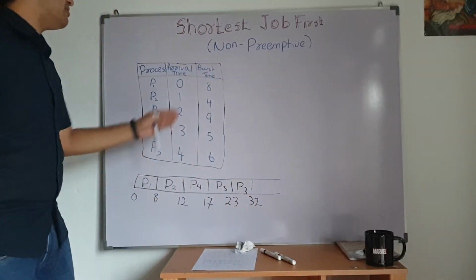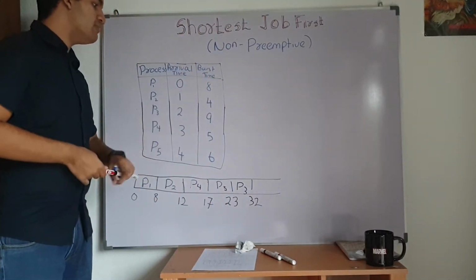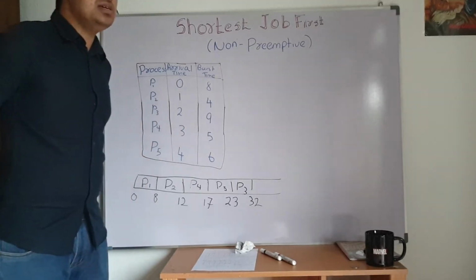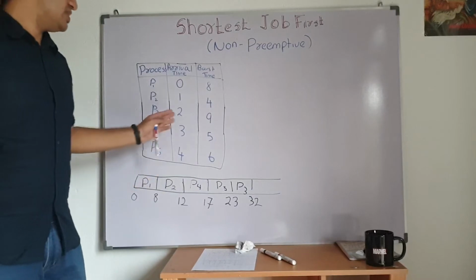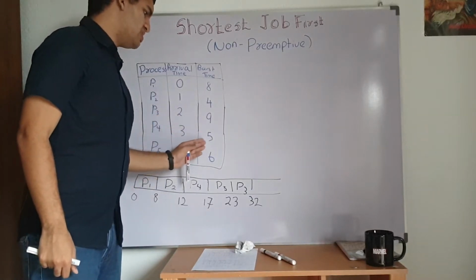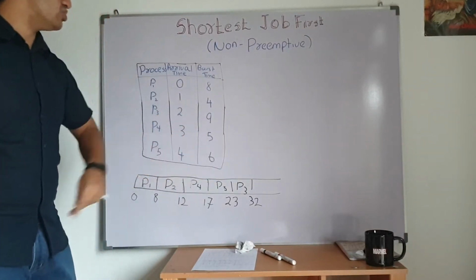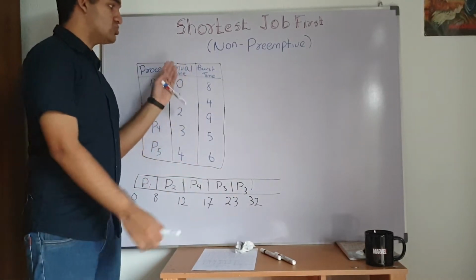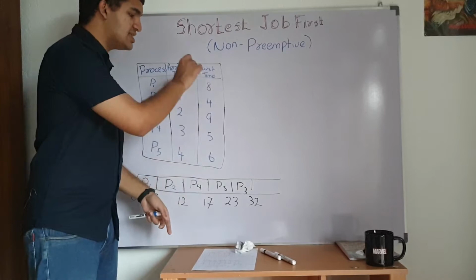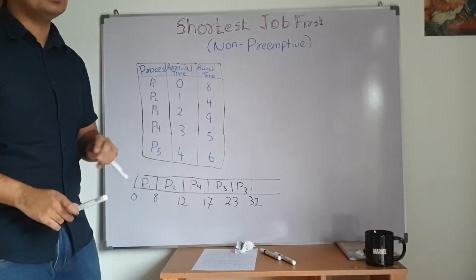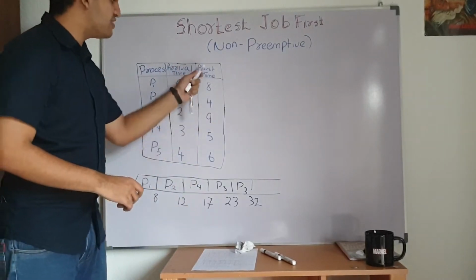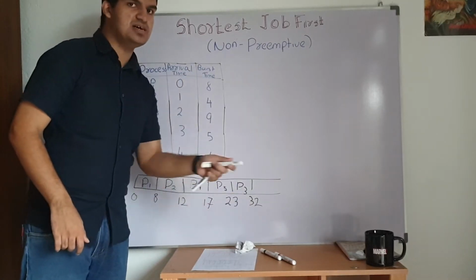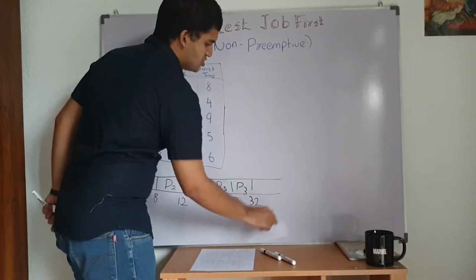Total is 32. 8 plus 4 is 12, 12 plus 9 is 21, and 11, 32. So the burst time total and this time are both the same, therefore you can verify that your answer is correct. There's nothing to worry about your answer if the total of burst time is equal to this number at the end of the queue.